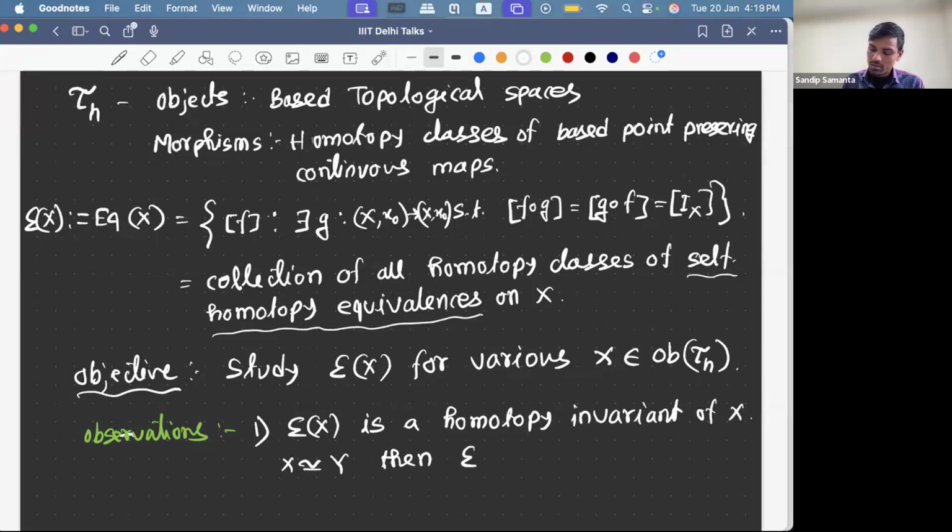We will just post-compose by the homotopy equivalence to get the isomorphism.